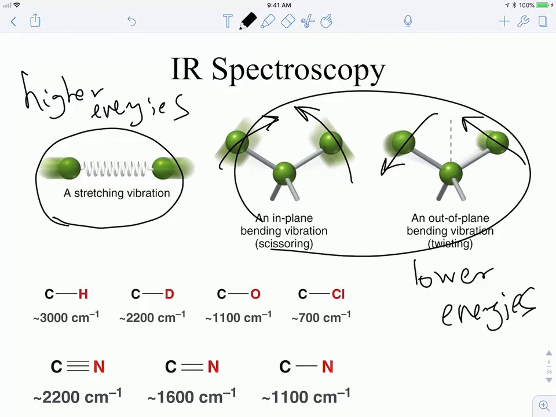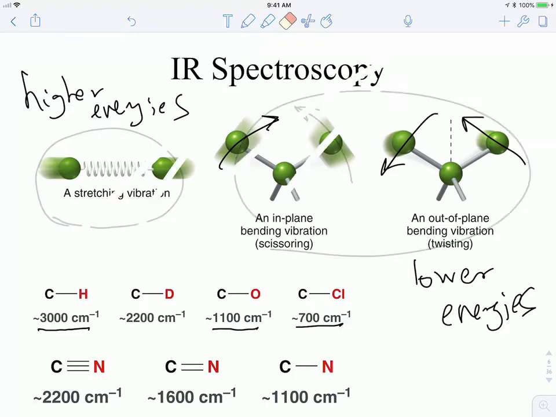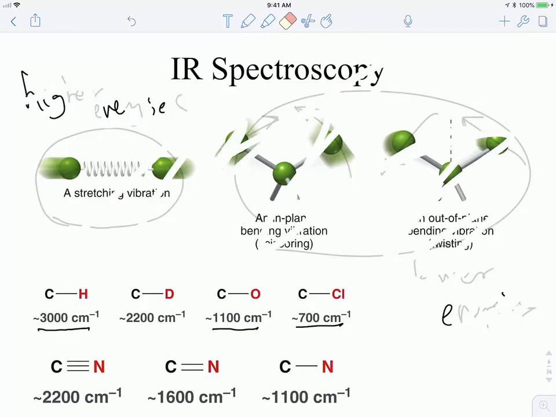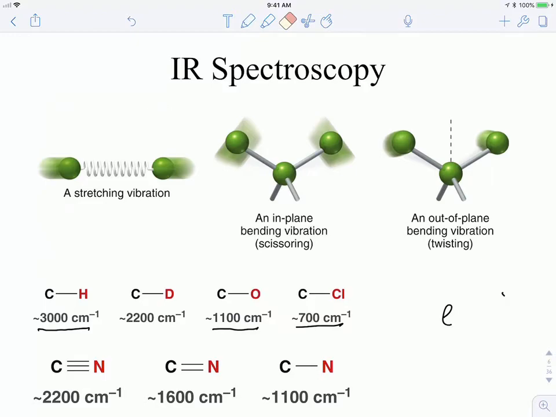And like I said, different bonds have different strengths and vibrate at different frequencies. So you can see that a CH bond vibrates in a different spot than a CO bond, which vibrates in a different spot than a carbon-chlorine bond. And the way that I want you to think about this is to imagine that spring analogy that we had on the opposite page. So if we had the same spring, which is the same bond, but let's say we have a really big atom here, and it's attached to a really small atom.